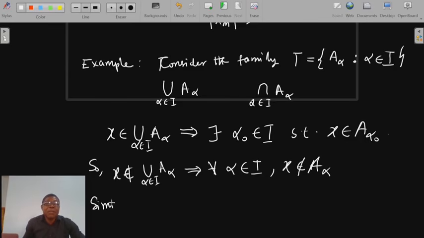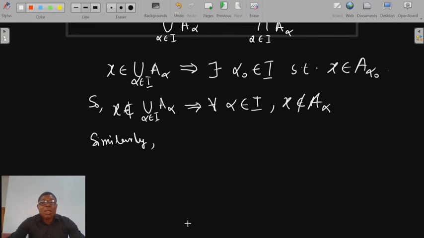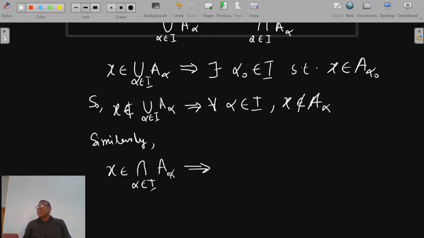Similarly, x in the intersection over alpha in I of A alpha implies that, look at this, remember that the intersection is what these sets have in common.